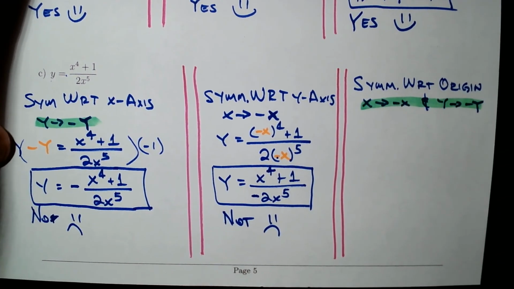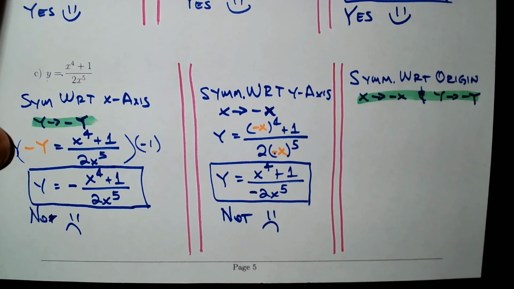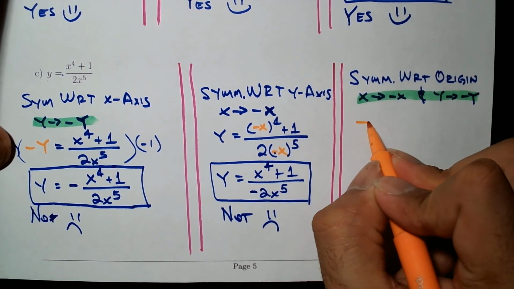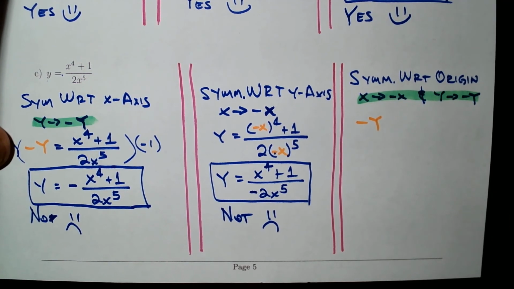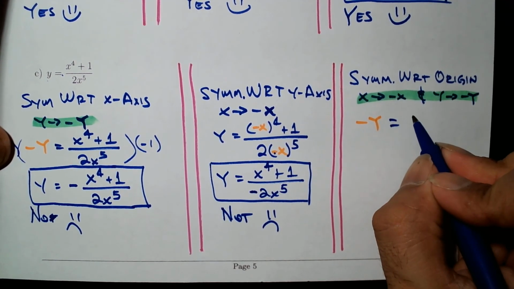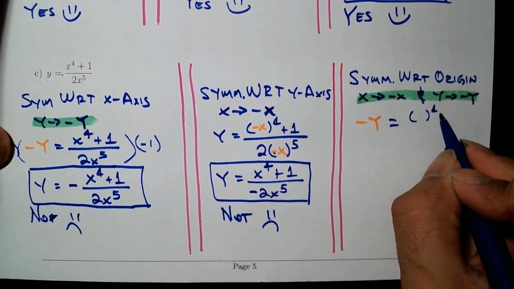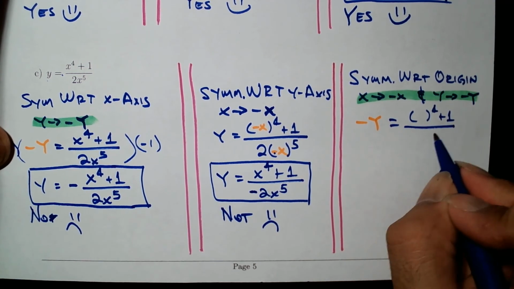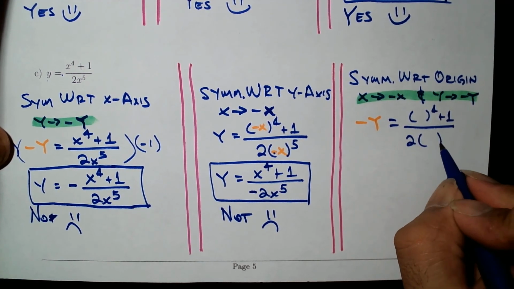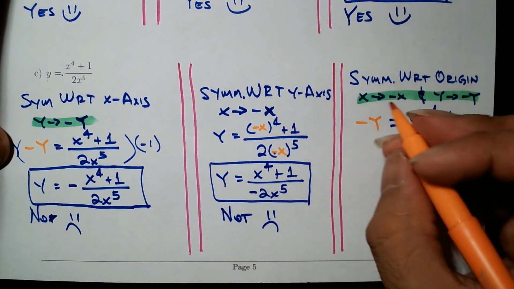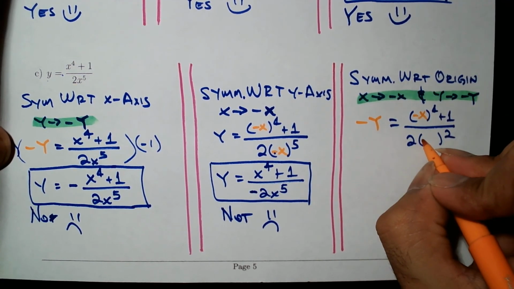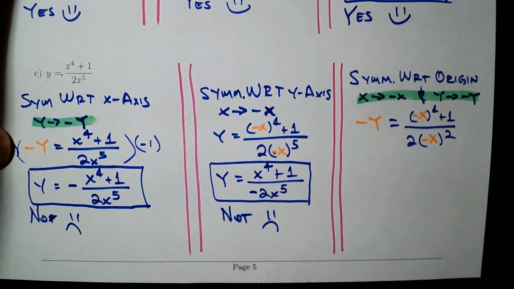Okay, so y becomes negative y, and x becomes -x. Oh, this is not squared, by the way.